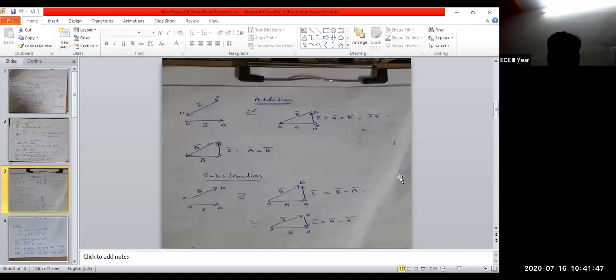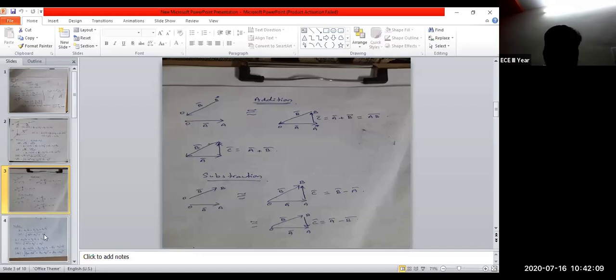If the resultant of the two vectors has different endpoints, one vector's starting point and the other vector's ending point, or head and tail, whatever you want to call it, then that resultant is addition.